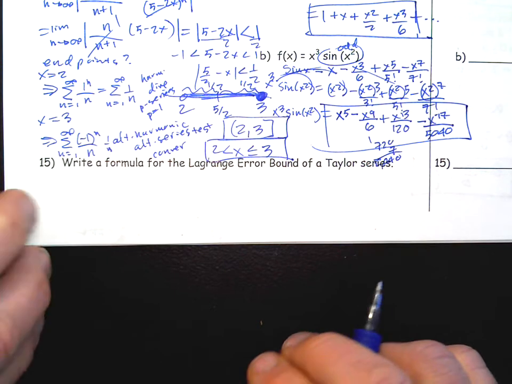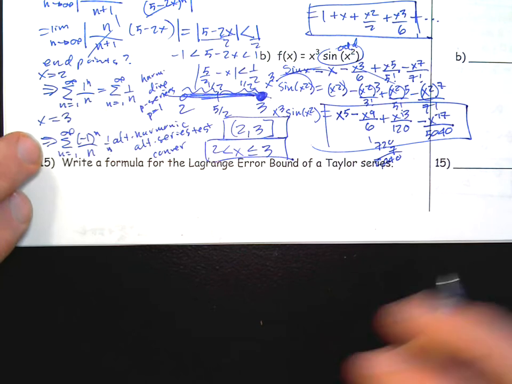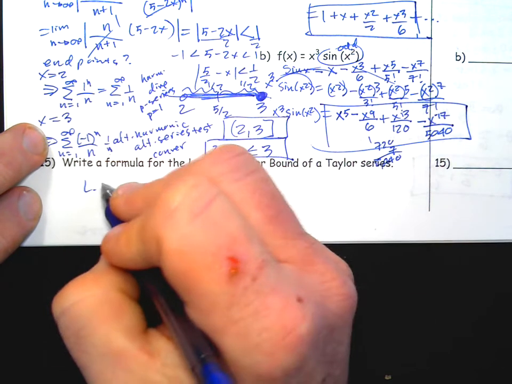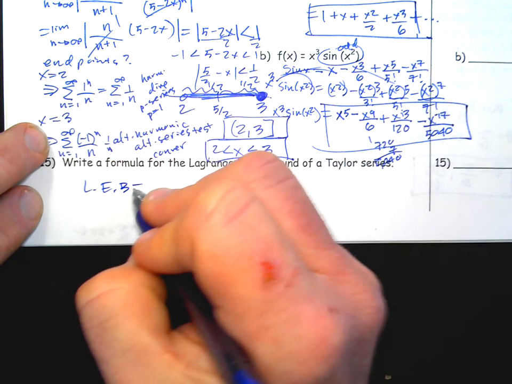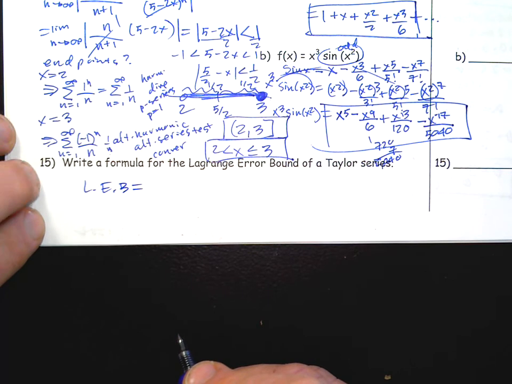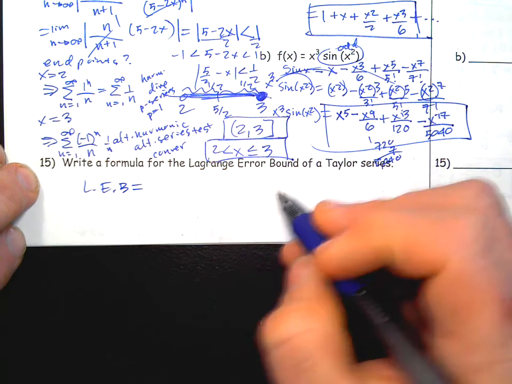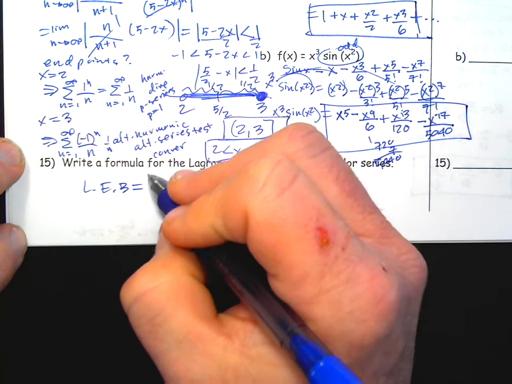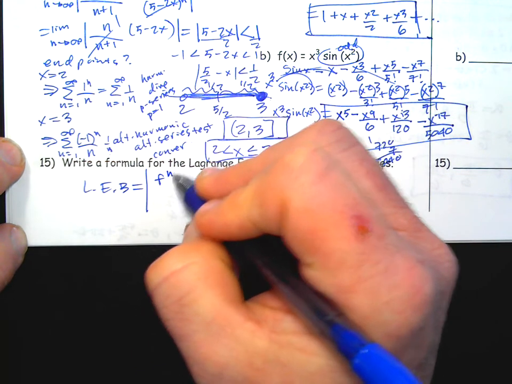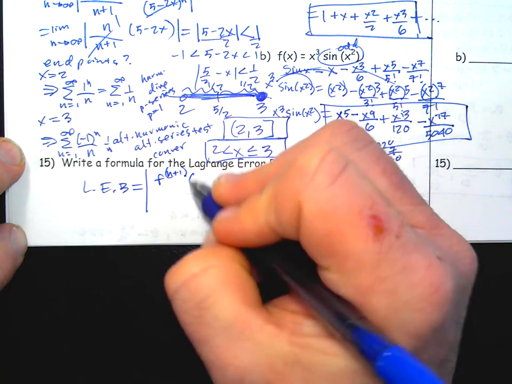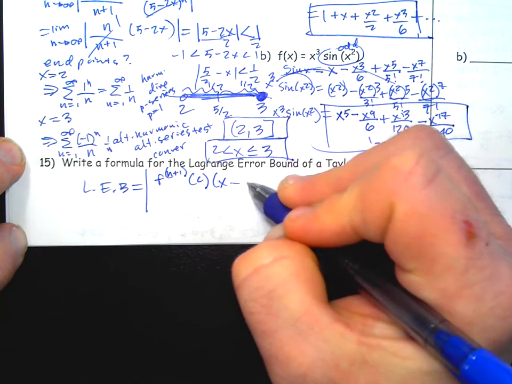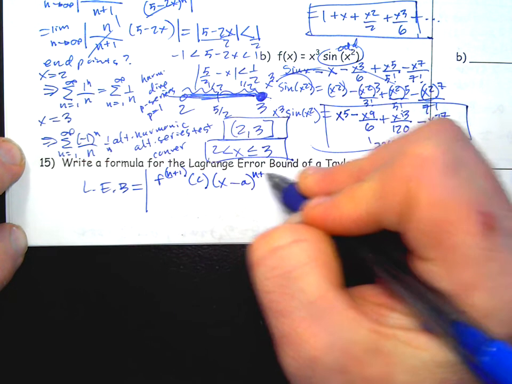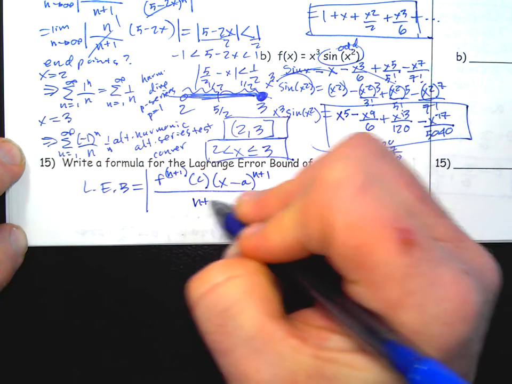Write a formula for the Lagrange error bound. Okay, so the Lagrange error bound, and I would always write this down whenever I have to use it, is the n plus 1th derivative at a c value, times x minus the center to the n plus 1 power, over n plus 1 factorial.